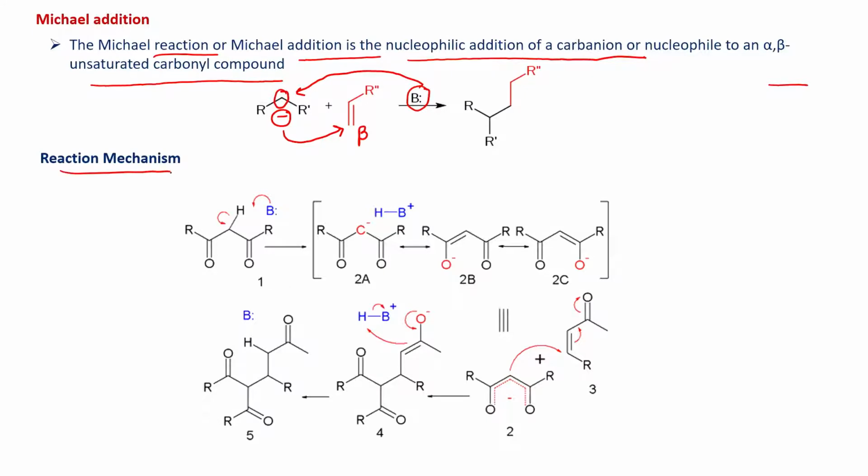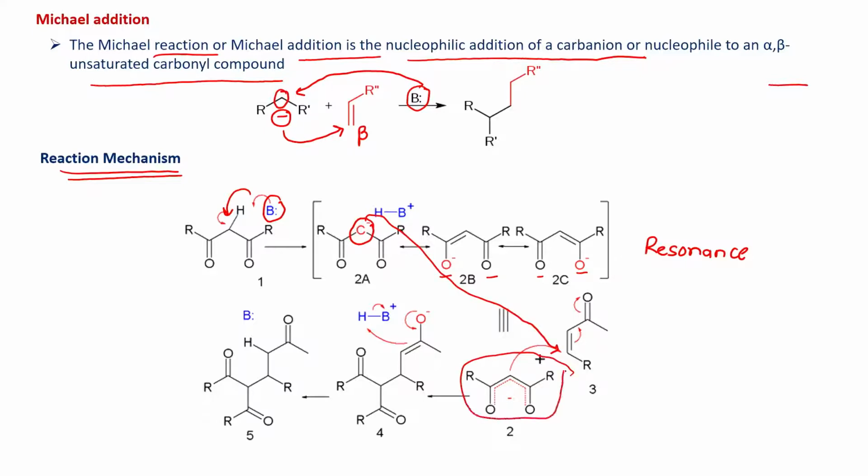So here I have shown you the reaction mechanism. Your base is abstracting hydrogen, creating a carbanion. This carbanion is stabilized by these two oxygens by resonance. It makes resonance stabilization of this carbanion, and this carbanion further reacts with this beta carbon.